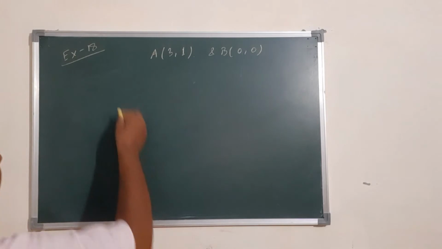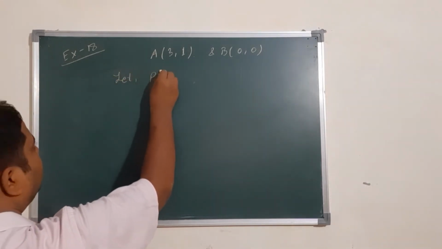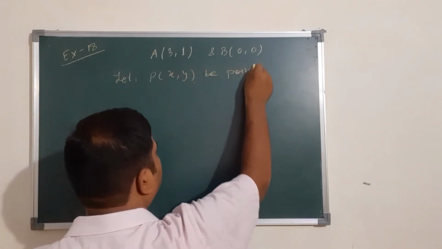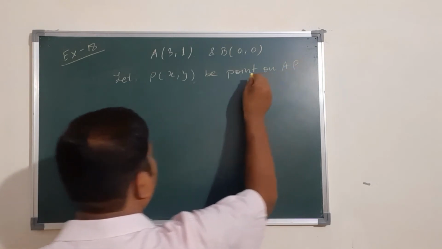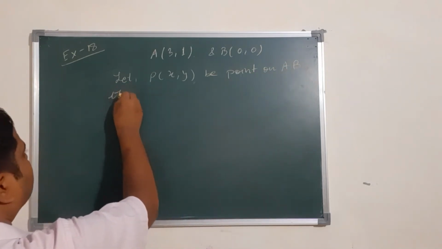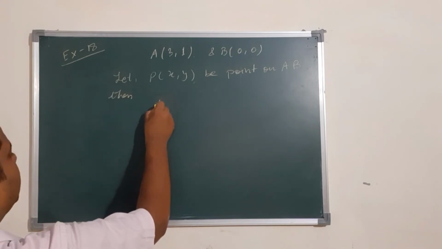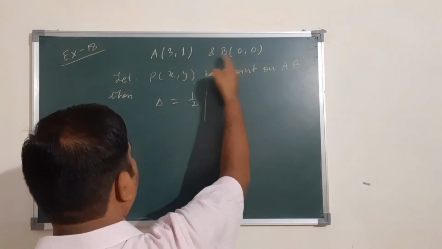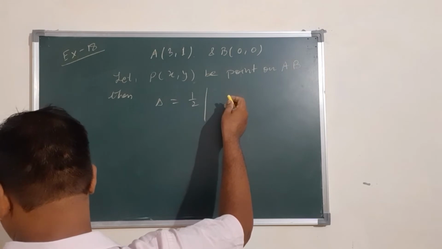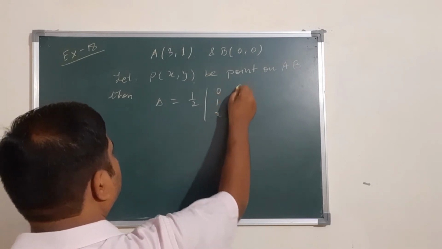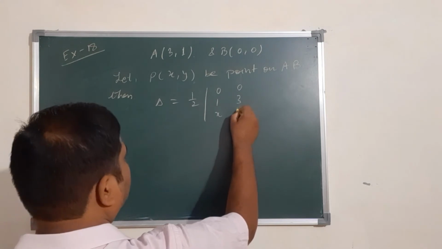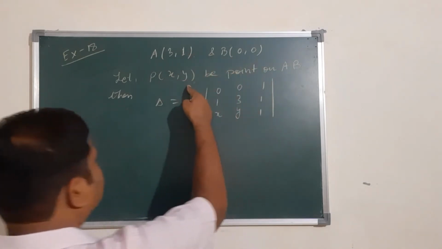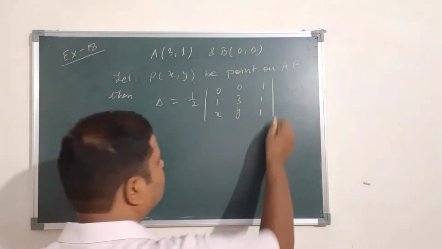Let P(x, y) be a point on AB. Then consider x1, y1, x2, y2 and x3, y3 as the points (0, 0), (3, 1) and (x, y), and the area of the triangle will be 0.